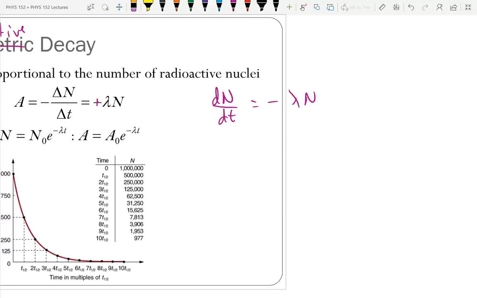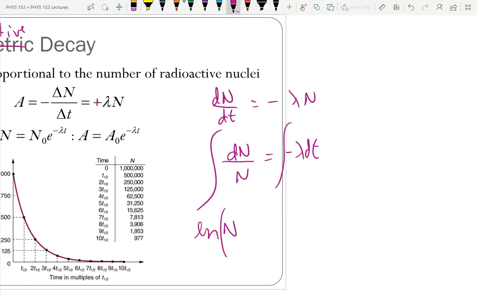And so then you separate variables and integrate. Alex and Corso should be totally down with this. Separate variables and integrate: dN over N is equal to minus lambda dt. Integrate both sides independently, and you get natural log of N over N0 equals minus lambda t.